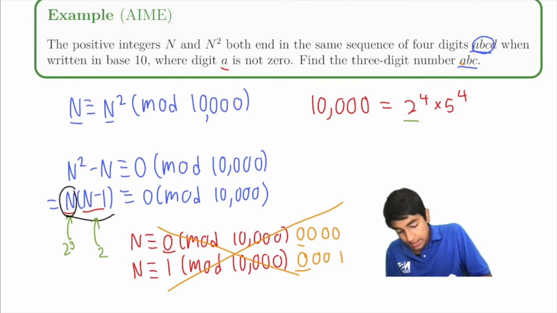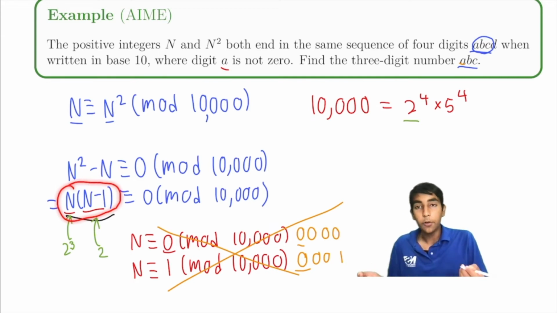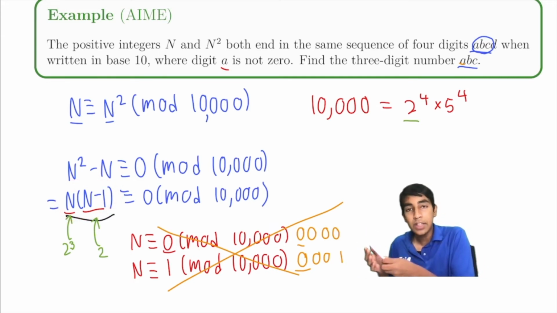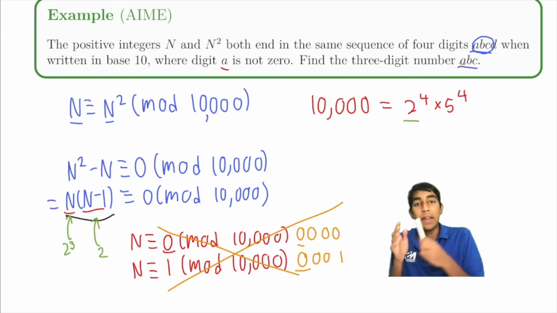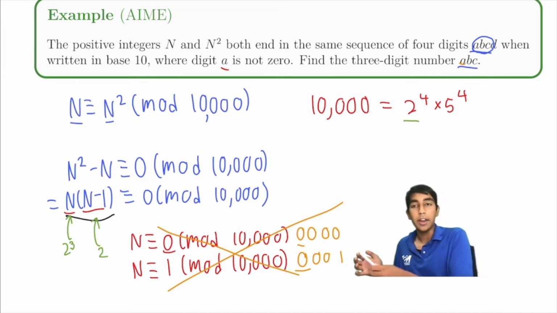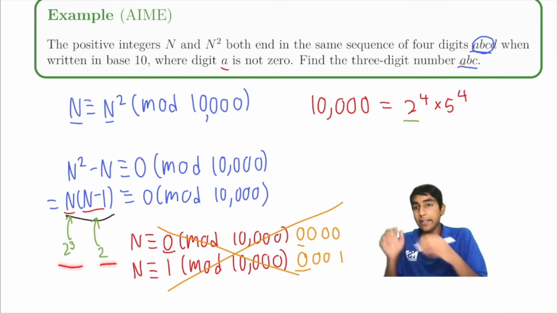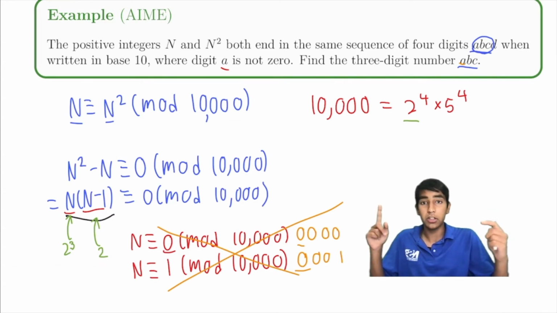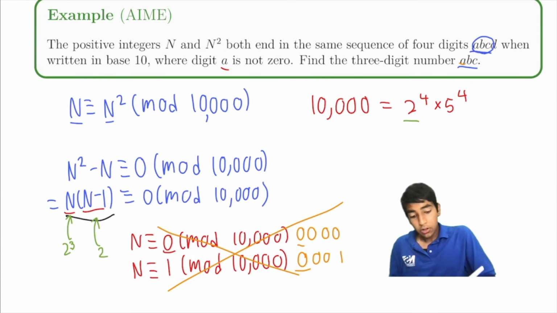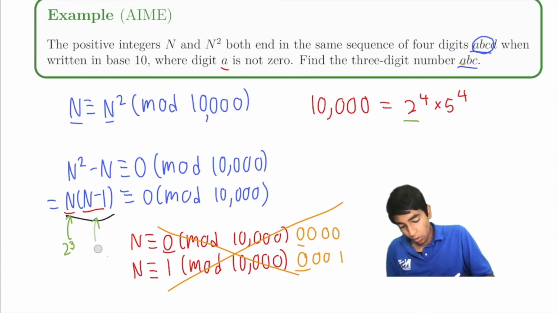N is never going to be equal to n minus 1 mod 2, which means that if n is even, then n minus 1 is odd. If n minus 1 is even, then n is odd. So that means that we cannot split the factors of 2, because then we would have 2 even numbers as n and n minus 1. That's not possible. So therefore, all the factors of 2 to the 4 must be on one number.